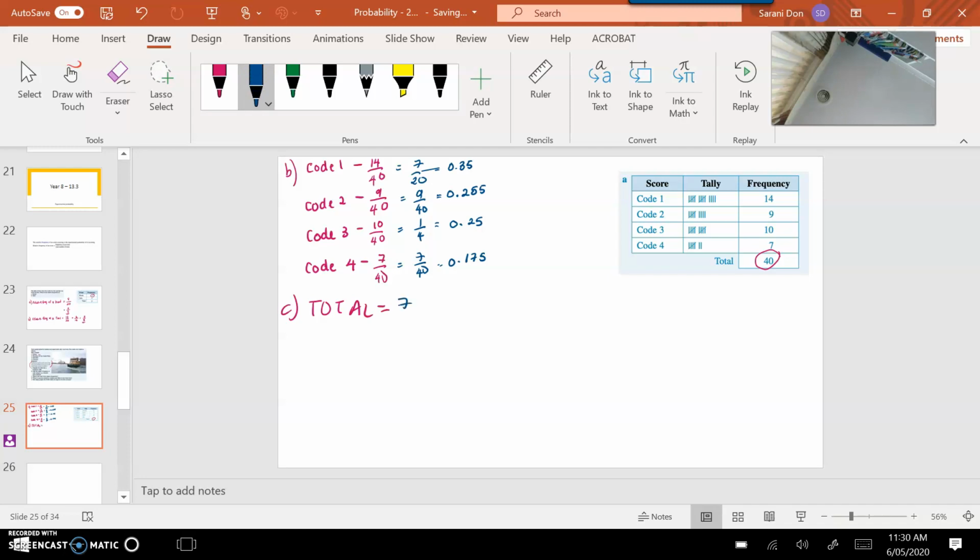So if you were to add these up, you put it into your calculator, you should get 1 as a whole, just 1. Even if you were to add the decimals up, try and put it in the calculator.